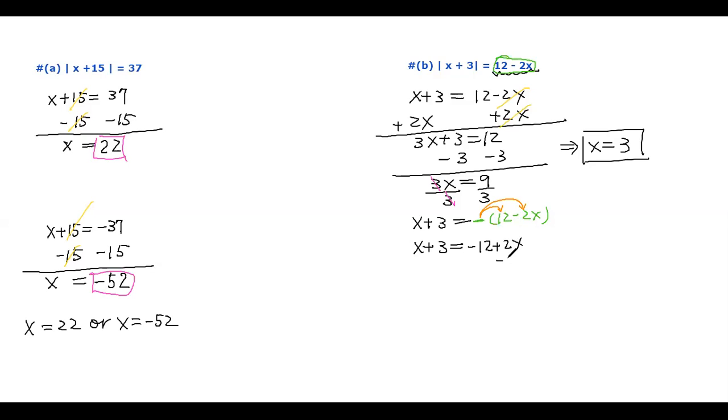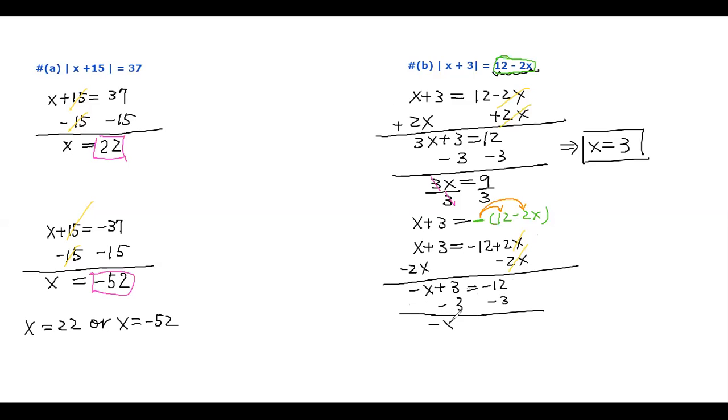Okay, so now I'm doing the same thing, minus 2x and minus 2x. So this one here cancels, right? And what happens here? This is negative x plus 3 is equal to negative 12, right? Now I move the 3, so I get a minus 3 and minus 3, okay?